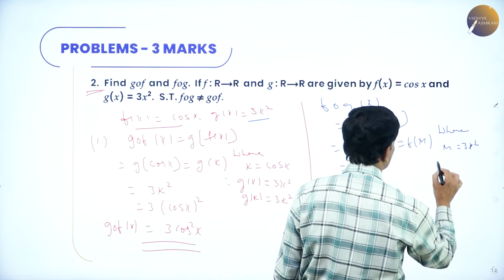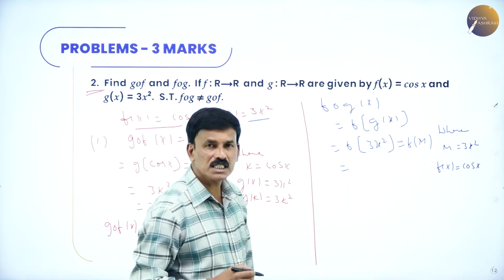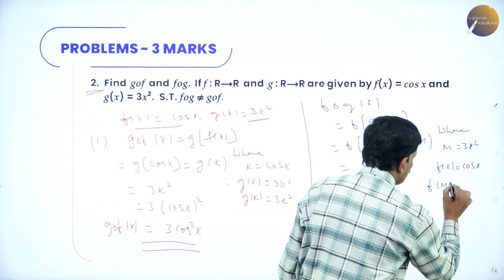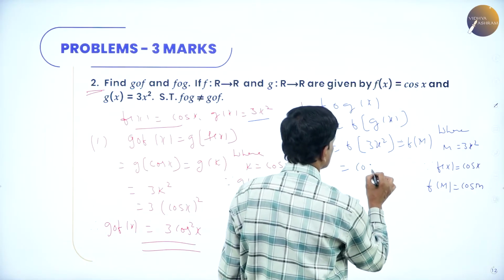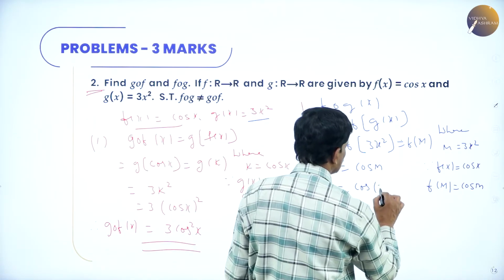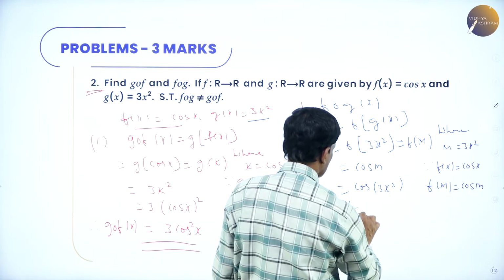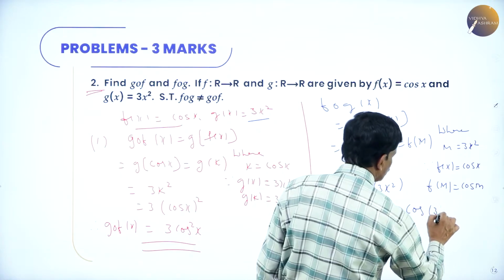Since we know f of x is equal to cos x, just put x is equal to m, then this becomes f of m is equal to cos of m. Now substitute the value of m. What is m? M is nothing but 3x square. So therefore f naught g of x is equal to cos of 3x square.